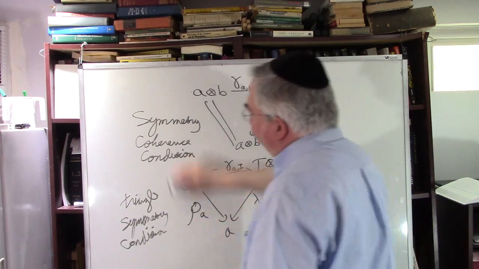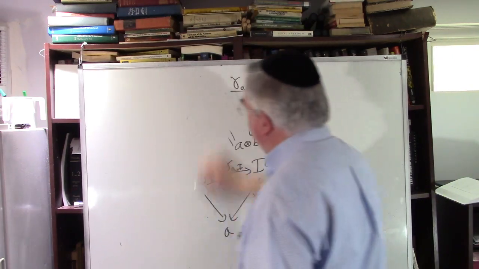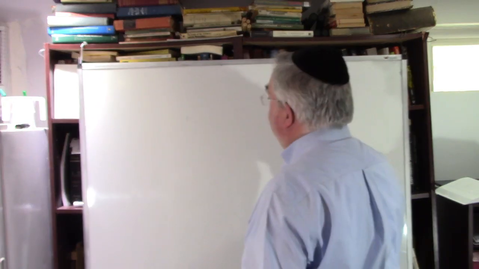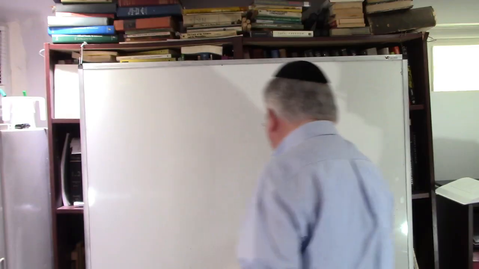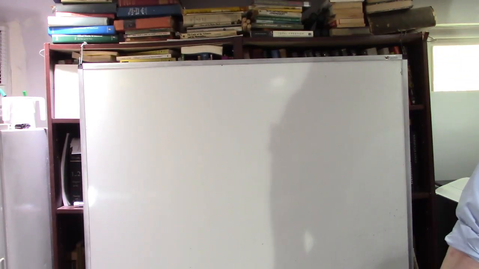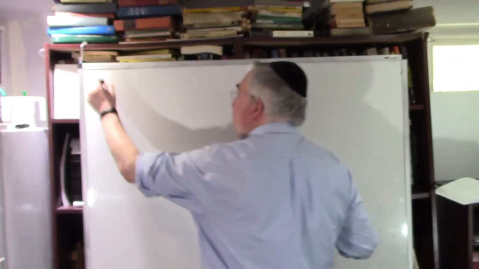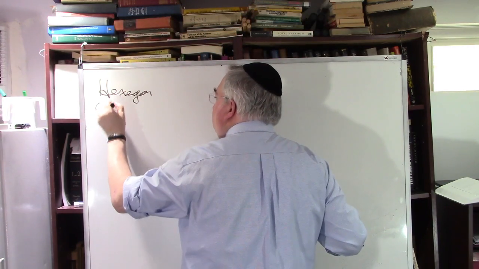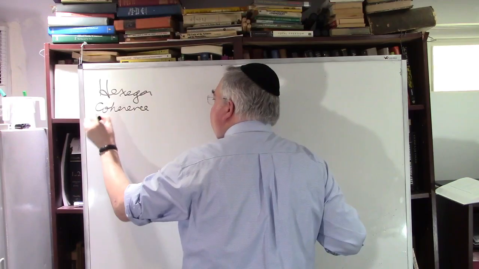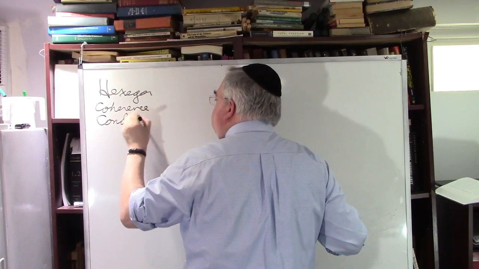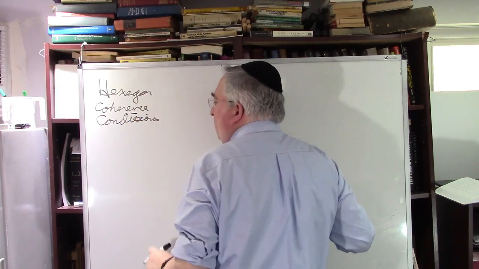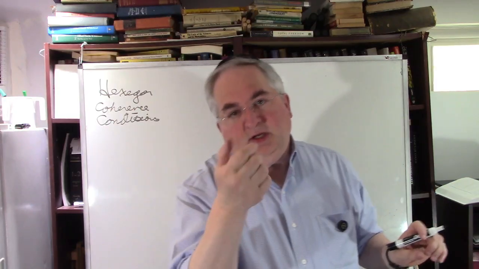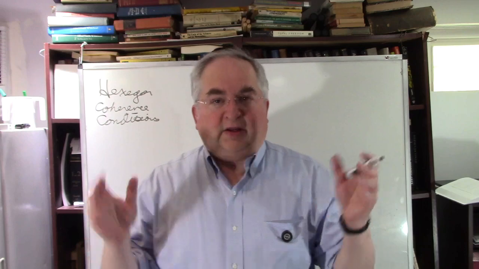And now there's another two diagrams. The next two diagrams are called the hexagon coherence conditions. Basically they're about twisting lots of things.